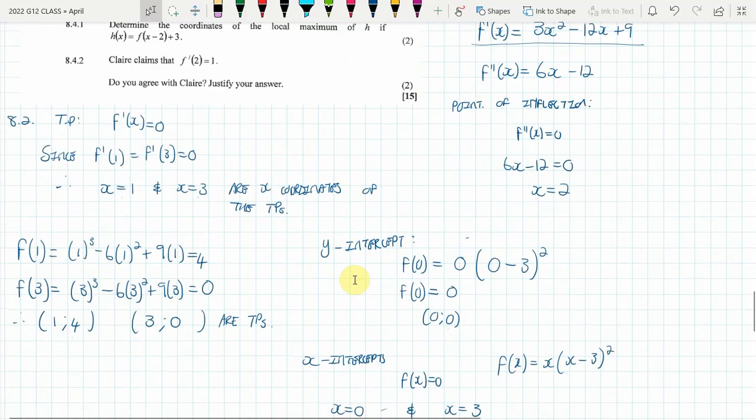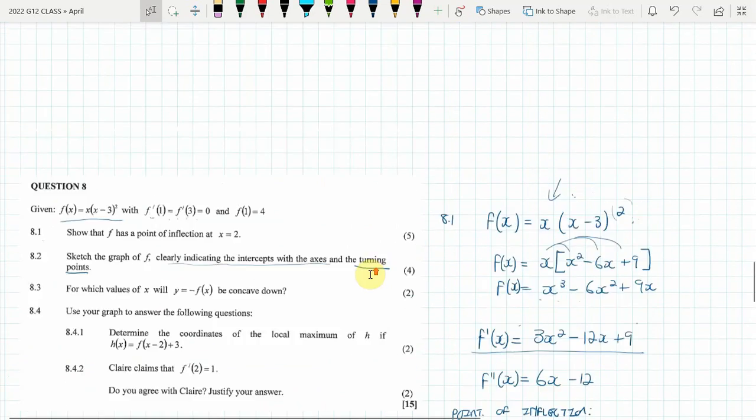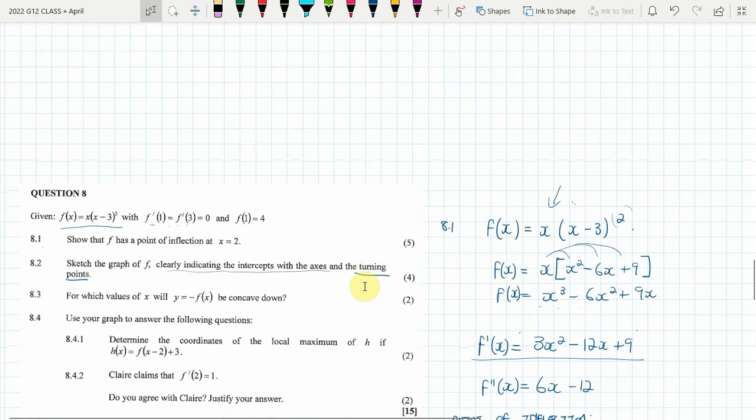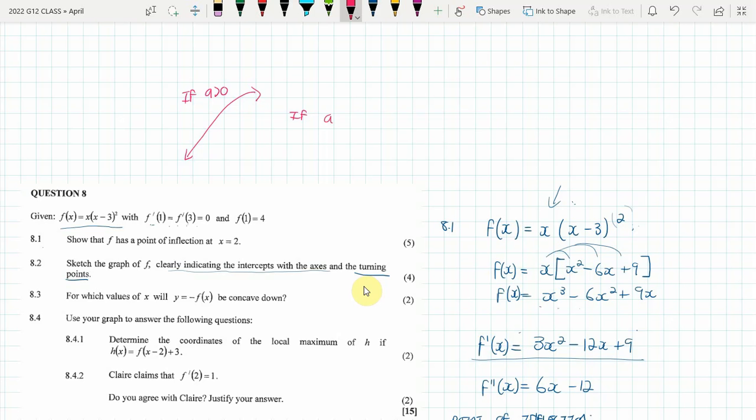Now, cubic functions can either start off as increasing or start off as decreasing. They start off as increasing if a is positive, going from the bottom up.